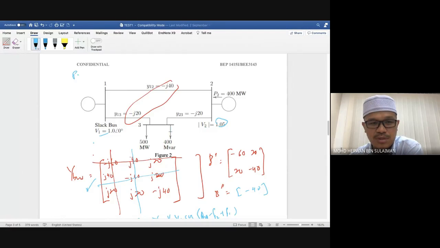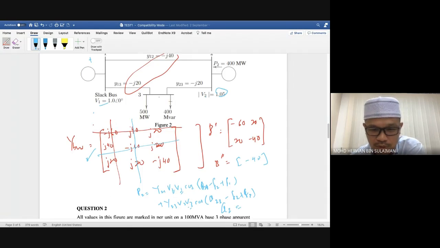For equation P3 sama lah, Y31 V3 V1 cos theta 31 minus theta 3 plus theta 1 plus, oh saya tersilap ni, ada tertinggal ni. Patut ada Y22 kat sini tak? Y21 ada Y22 plus Y22 V2 square cos theta 22. Ada tinggal.